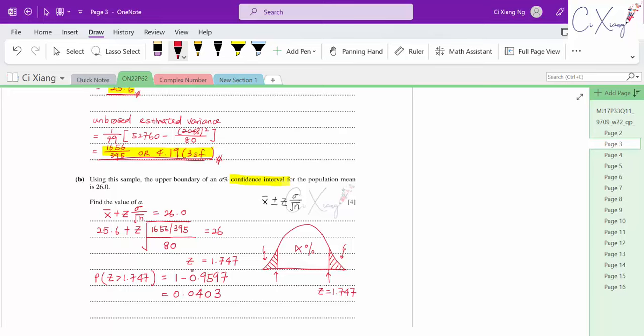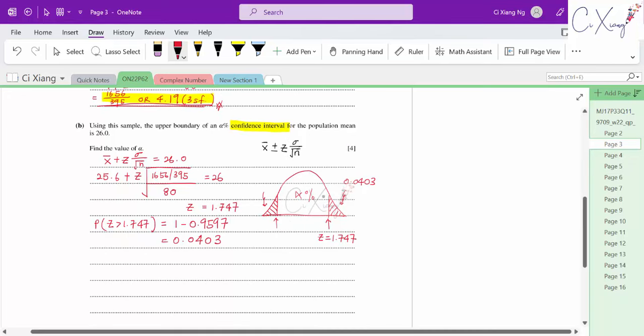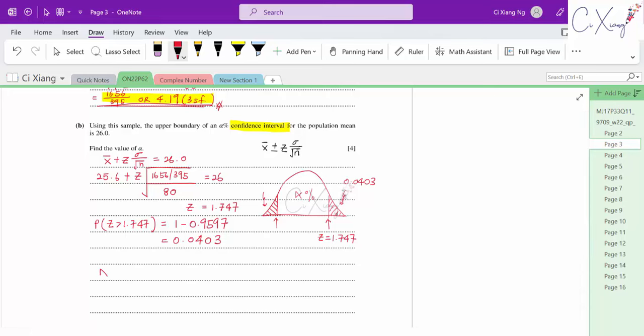Once I know the upper area is 0.0403, to get the alpha percent, I take the total area under the graph, which is 1, minus 2 times the upper area. 2 times because the lower area here has the same value. So I have 1 minus 2 times 0.0403.